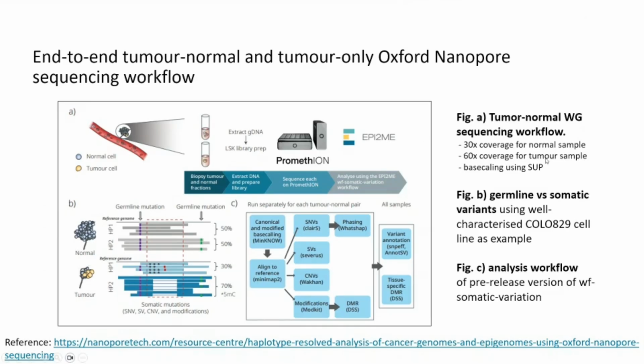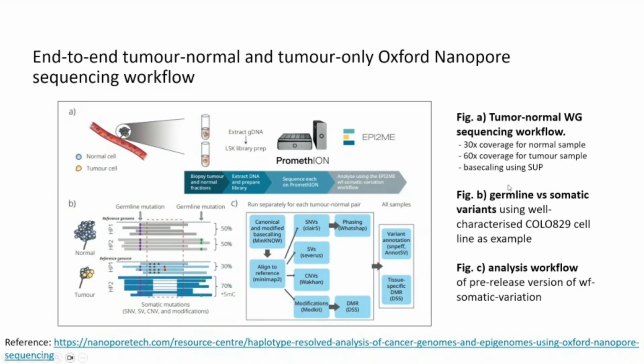But for tumor samples, because they are complex, the recommendation is at least 50x to 60x coverage, which means around 180 GB of data per tumor sample. So for a paired tumor normal sample, we might need to use up three PromethION flow cells, assuming one PromethION flow cell gives us 100 GB of data.